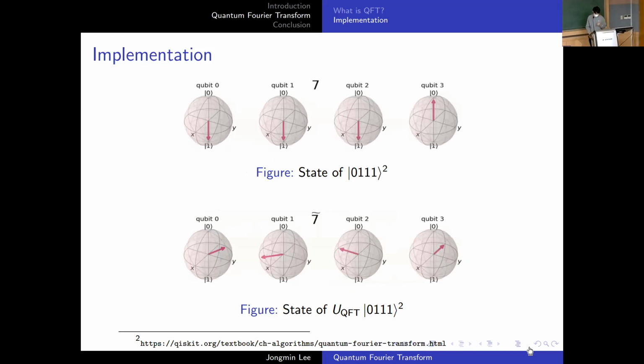We can see that in the second figure, qubit 0 is our qubit.